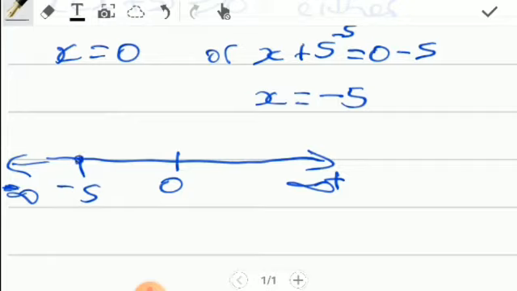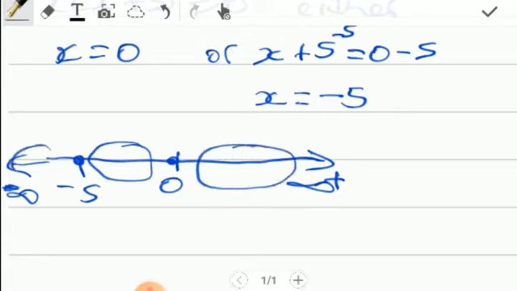We're going to test between these values, what's going on between here, between here, and out here. We have three different regions, and we pick a number within each.